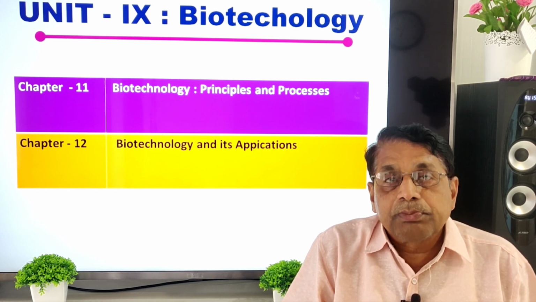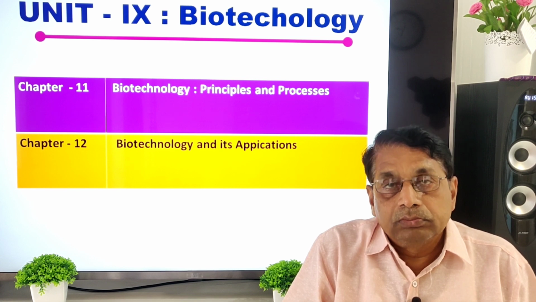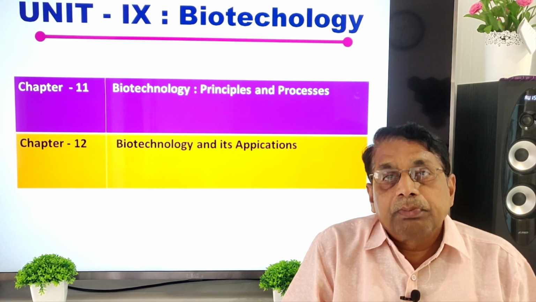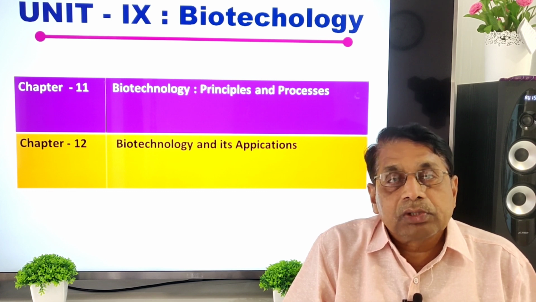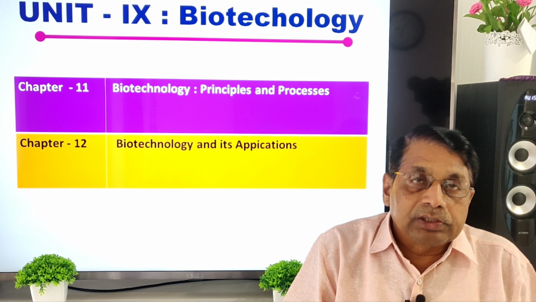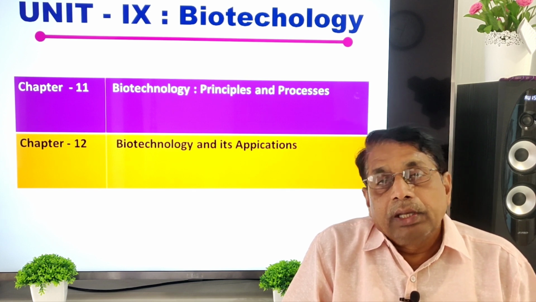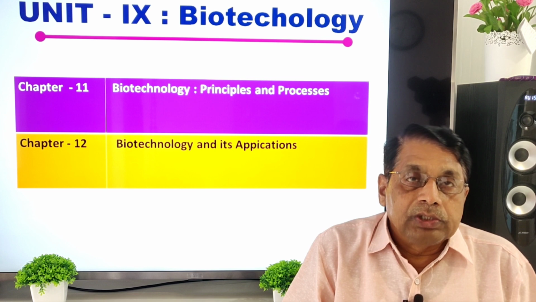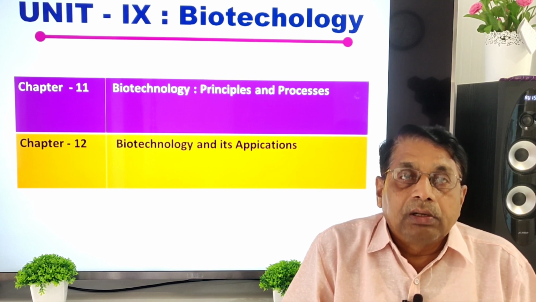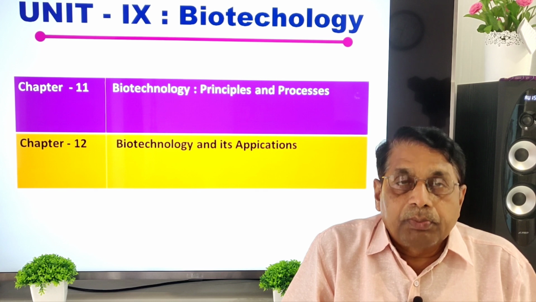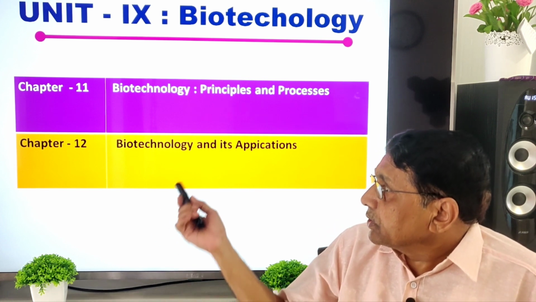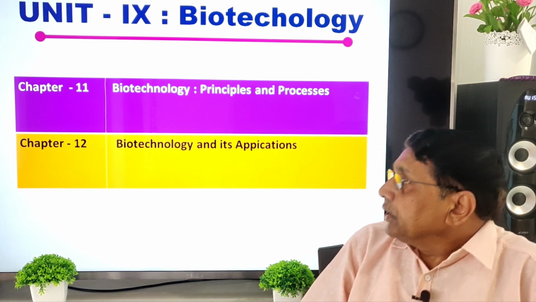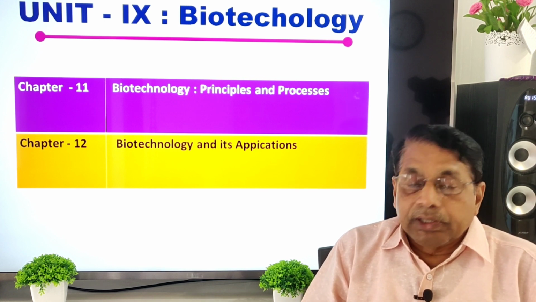As I told you just now, that is Bt cotton, resistant to bollworm. Then in some other countries, the genetically engineered crop plants are grown. We call GEM, genetically engineered organisms or genetically engineered microorganisms. Similarly, in animal breeding also, the biotechnology is useful to get more production from the poultry birds, fish, silkworms and other things. Such aspects will be dealt in chapter 12, that is biotechnology and its applications.